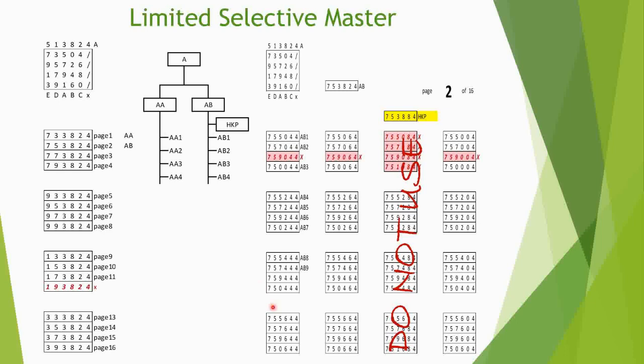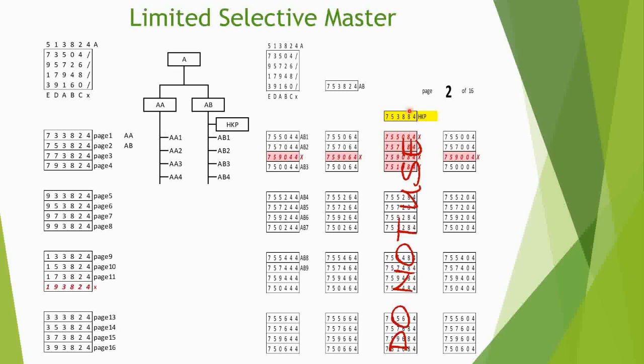Notice that the HKP key here differs from the top master key in 3 places. It seems like we're breaking our rule, but we're sticking to just a page, remember? So what matters is how far away it is from the page master. It differs from the page master in only one place.